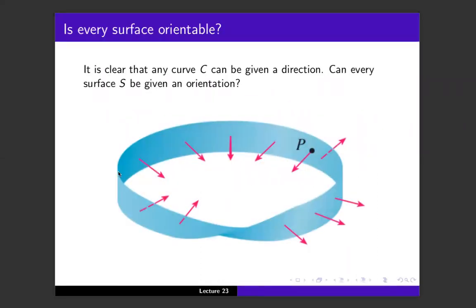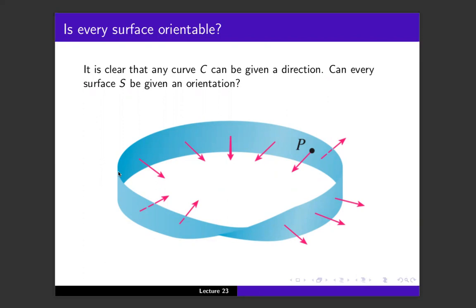Now, can you always do this? Well, no, not every surface has two sides, which is weird, but it's true. Take, for example, a Möbius band. If you imagine you're at this point P, and the unit normal field at P is pointing inside of the band. But as you move around the band, counterclockwise from our perspective, you eventually end up on the flipped side.